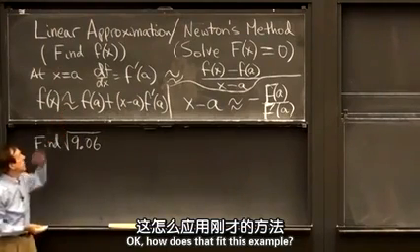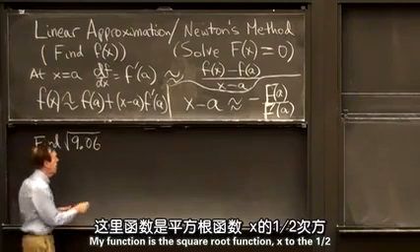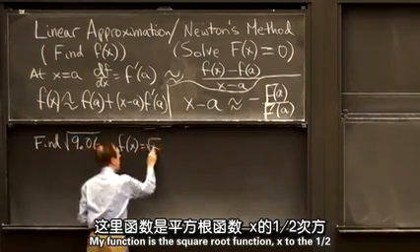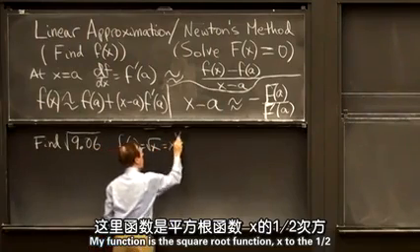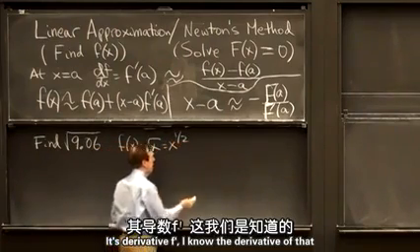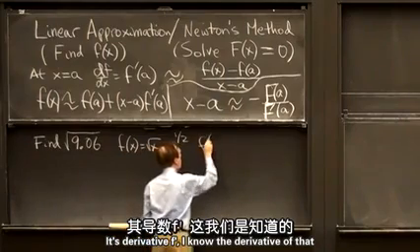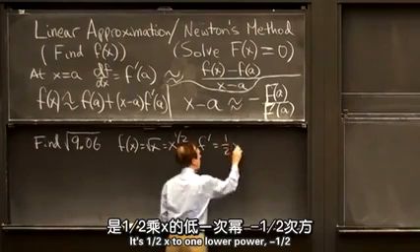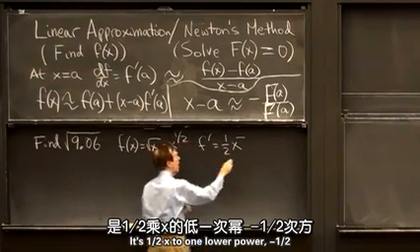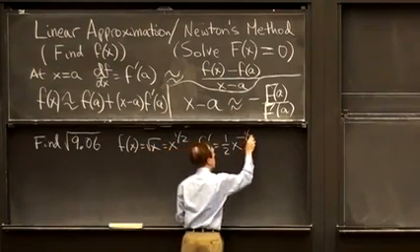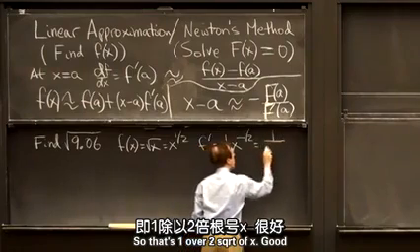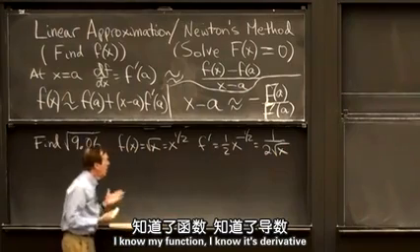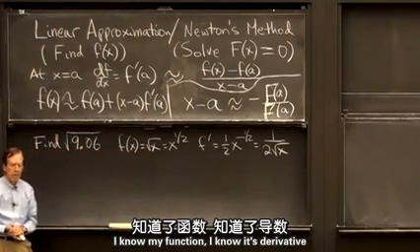How does that fit this example? My function is the square root function, x to the 1/2. Its derivative, f prime, is 1/2 x to the power minus 1/2, so that's 1 over 2 square root of x. Good. I know my function, I know its derivative.